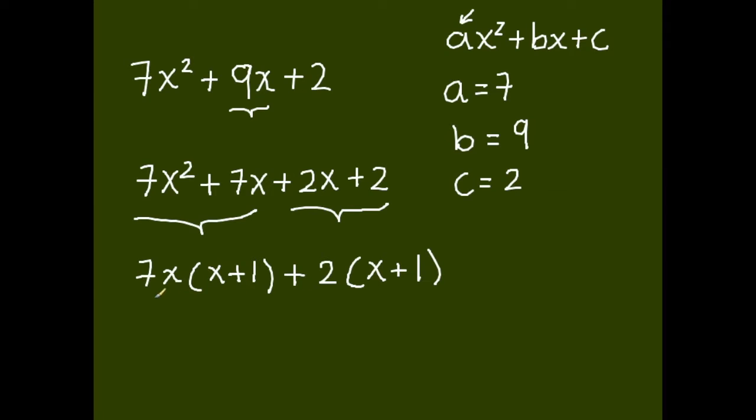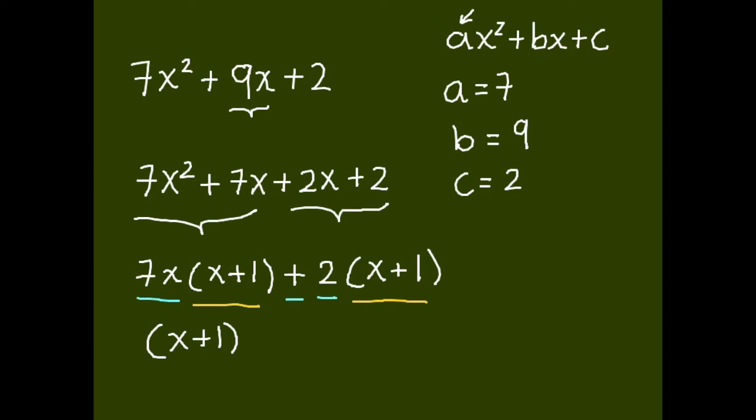Now notice both terms here have x plus 1 in them, so we could pull it out. Let me just highlight this: x plus 1 here, and x plus 1 here, and what remains after we pull it out is 7x plus 2.